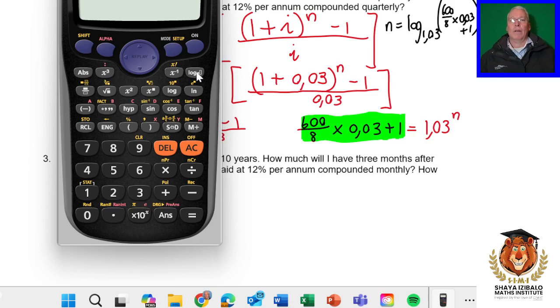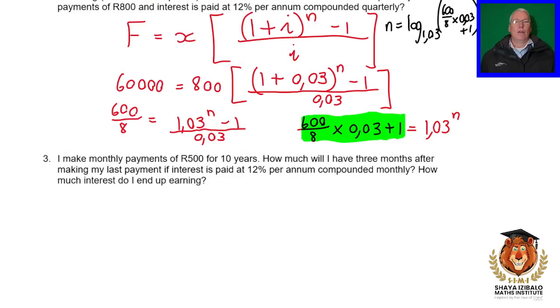Log base 1.03, fraction button, 600 over 8, times 0.03 plus 1. Okay, and we get 40, basically 40 quarters. So N equals 40.